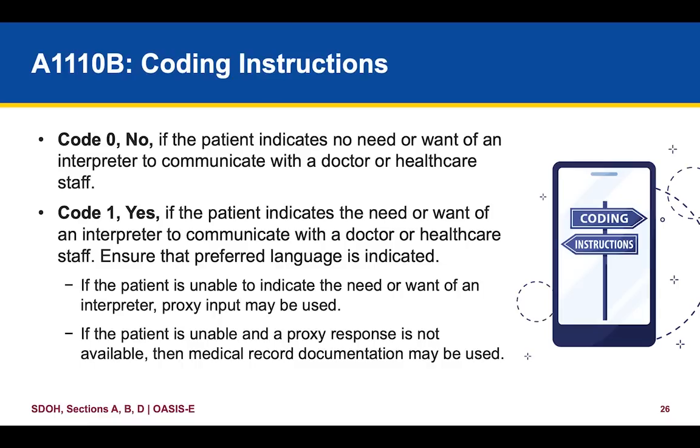The assessor would choose code 1, yes, if the patient indicates the need or want of an interpreter to communicate with a doctor or healthcare staff. Similar to A1110A, if the patient is unable to indicate the need or want of an interpreter, a proxy may be used. And if the patient is unable and a proxy response is unavailable, medical record documentation may be used.